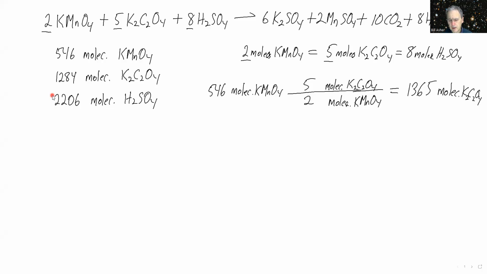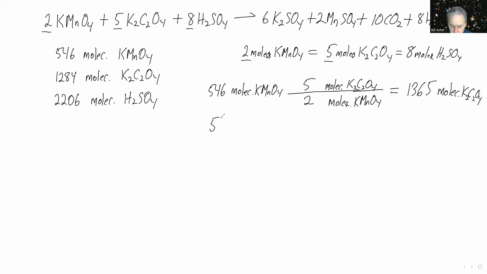Now the next thing I have to do is check whether H2SO4 is limiting, because if H2SO4 is even more limiting than the oxalate, then that's going to determine how much KMnO4 is going to react. So let's do the same thing for H2SO4.